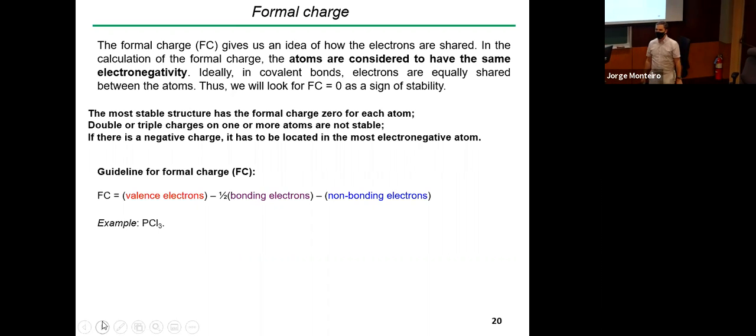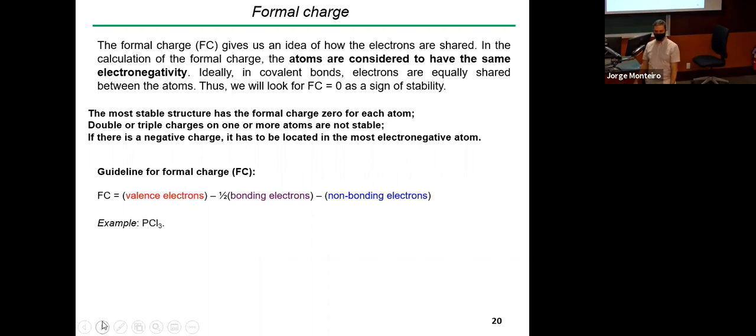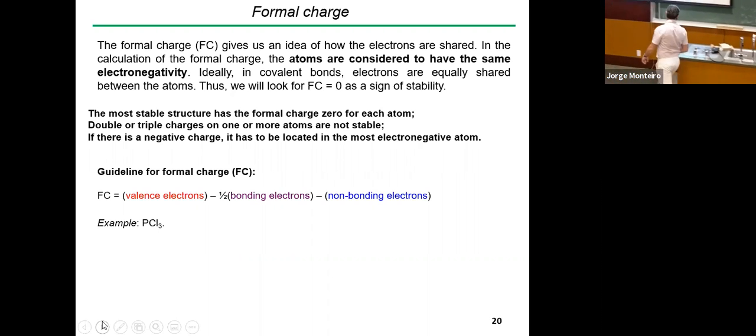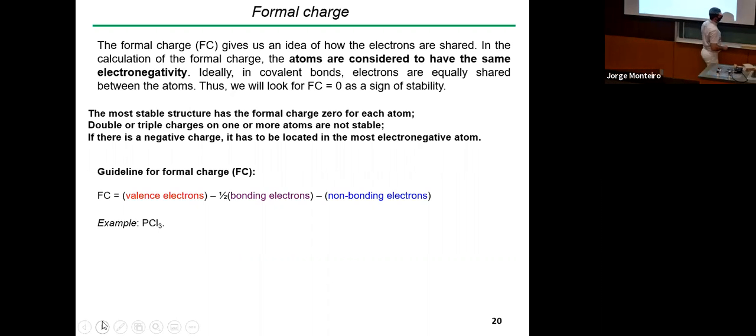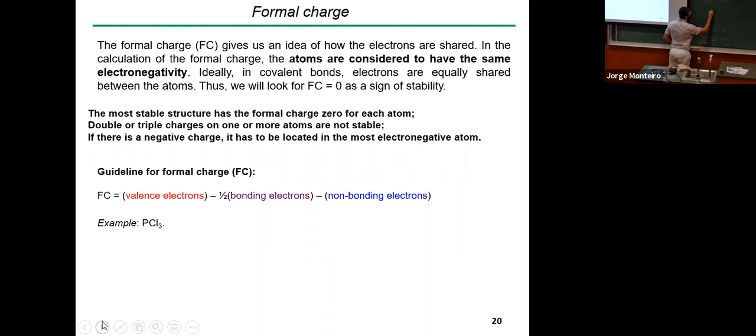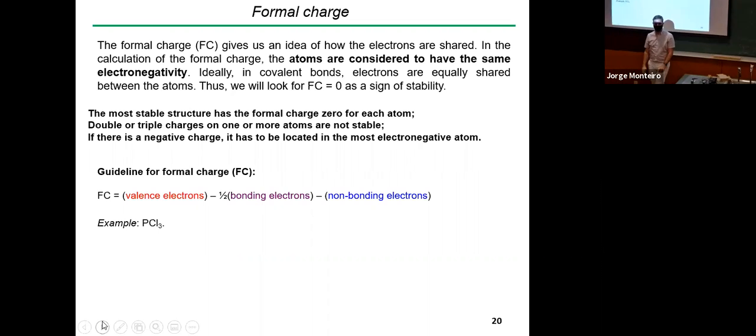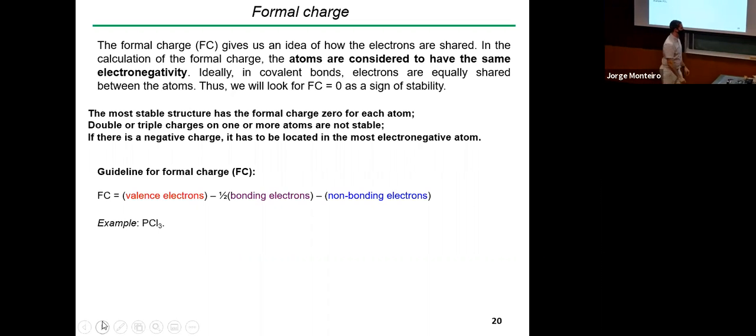Okay, so somehow we have to fix this structure. So the next possibility, we can move one lone pair of the oxygen to make here a double bond. Let's see what happens here.